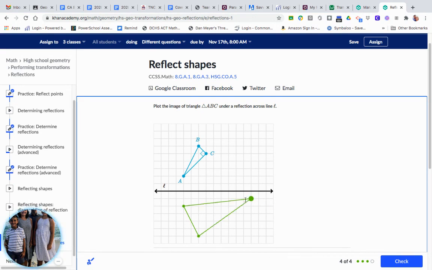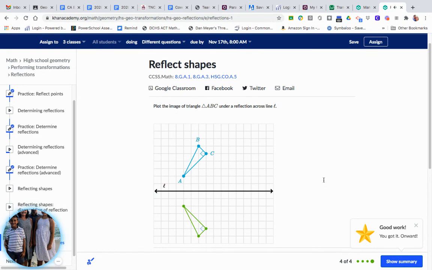Make sure I'm in line. And then I got C. C is 1, 2, 3, 4, 5 away. And I go another 5, 1, 2, 3, 4, 5 away in the other direction. So it's the same image, just twisted a little bit.